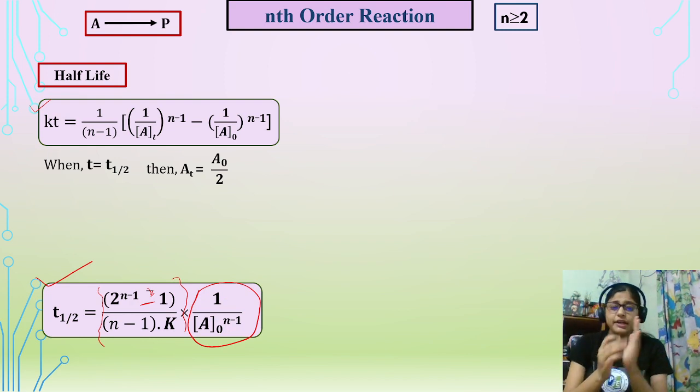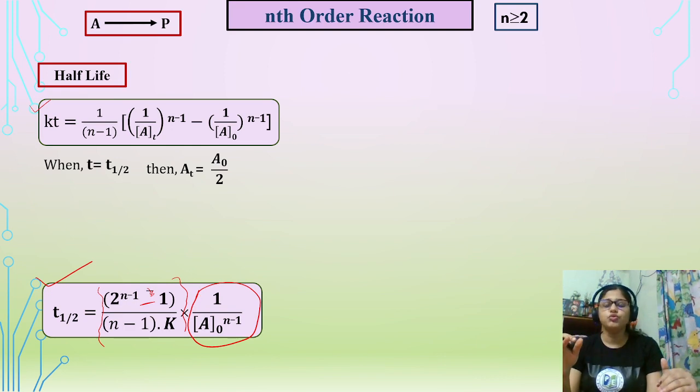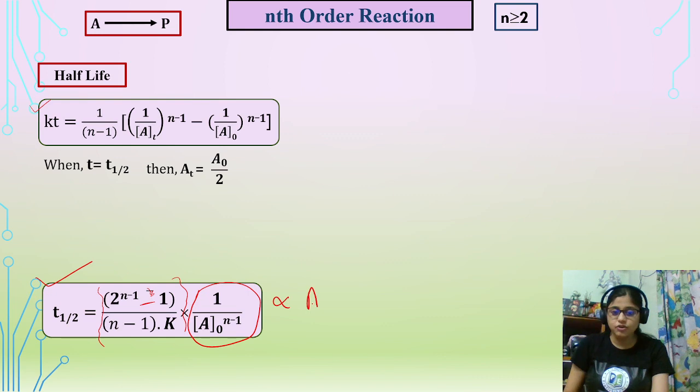Even if you forget some terms here, you can solve many questions with this knowledge only, that t half is inversely proportional to A0 to the power n minus 1, or proportional to A0 to the power 1 minus n.